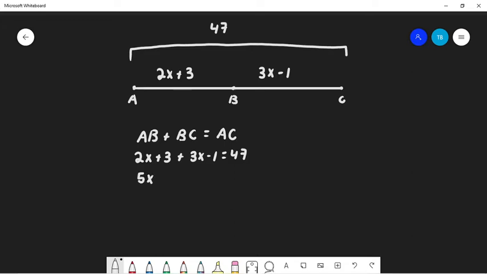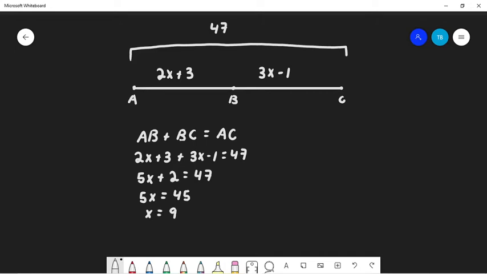And the positive 3 and negative 1, I can combine that to get plus 2, which equals 47. Then I'll subtract 2 on both sides. So 5x is equal to 45. And then I divide both sides by 5 to get x equals 9.